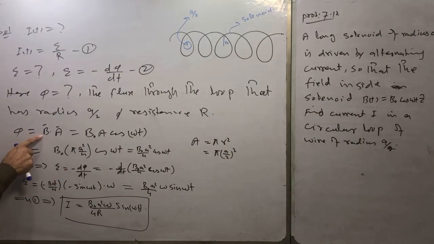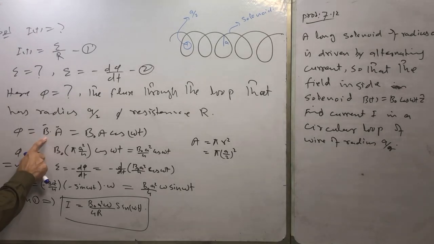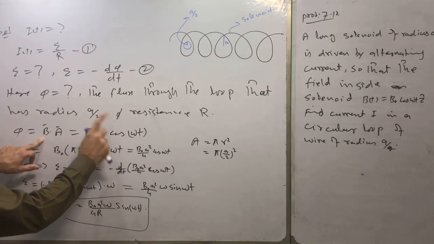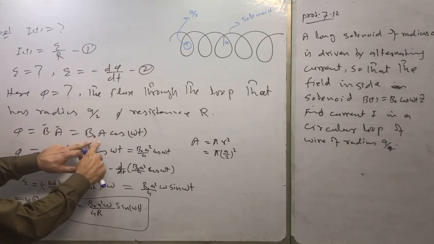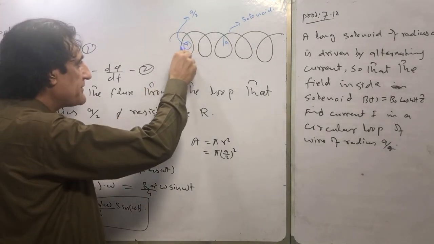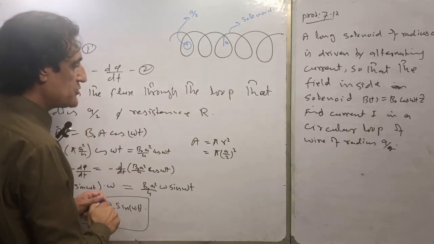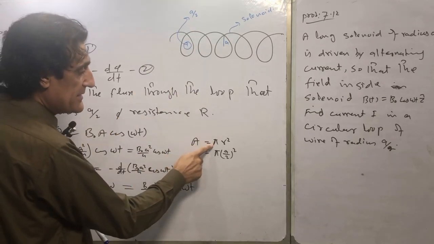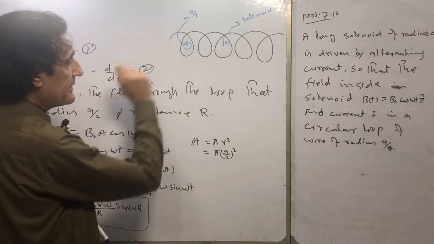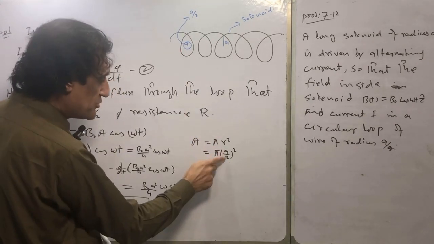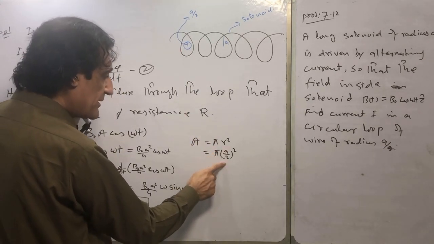Then flux is equal to B dot A, and B we know from the statement is B naught cos omega t. And A, what is the area of this small loop which has radius a divided by 2? The area of a circle is pi r square, but here the radius is a divided by 2, so the area is pi a square divided by 4.